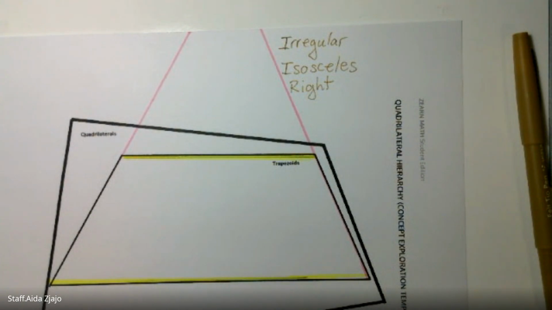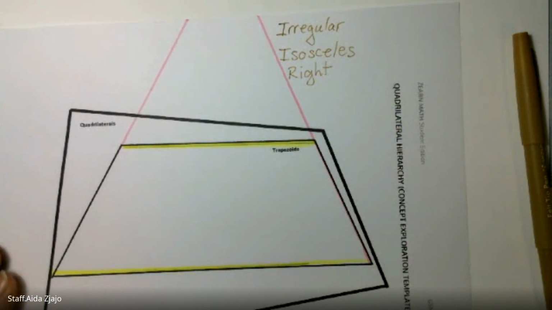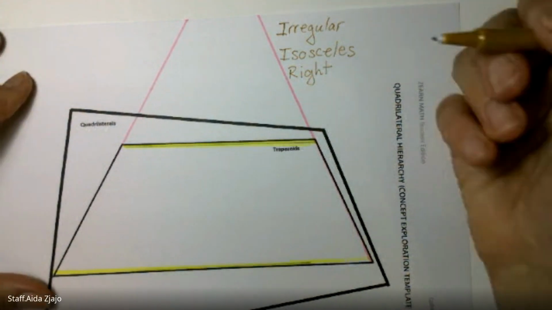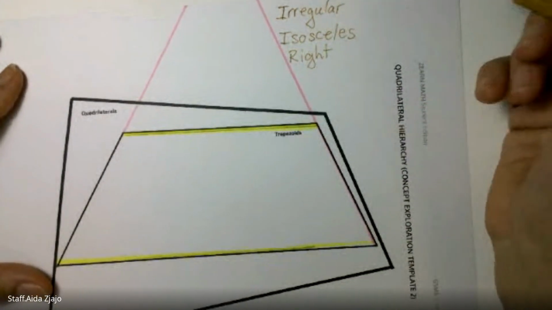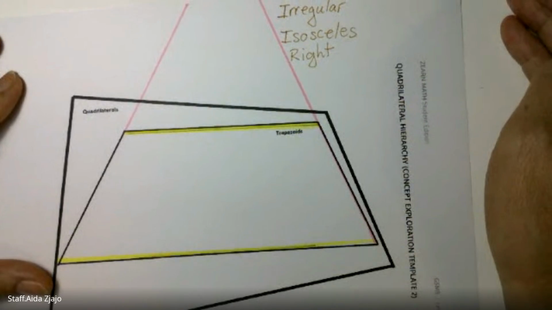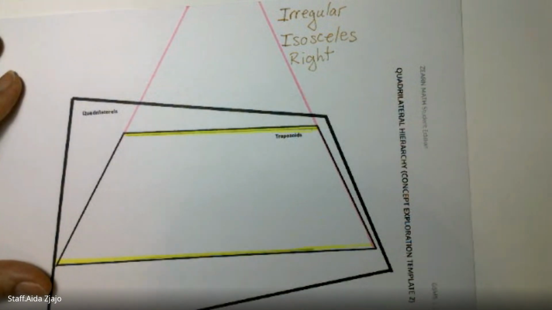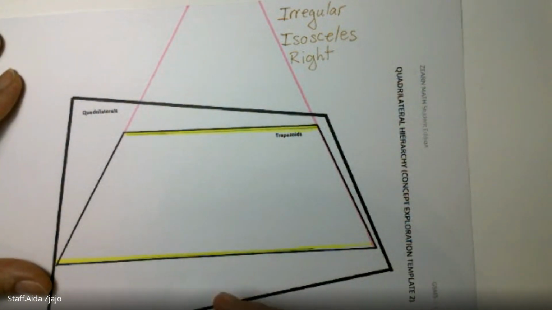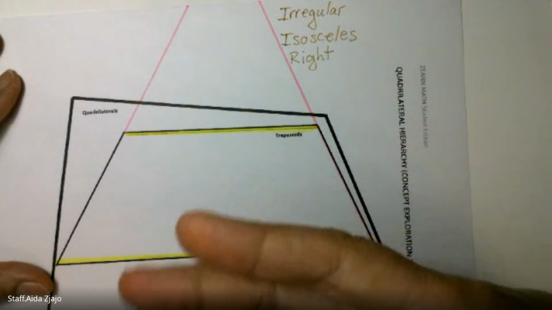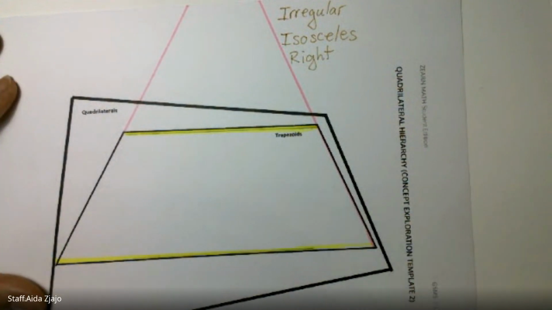trapezoids. But we also should talk about how to be a trapezoid, you have to have at least one pair of parallel sides. So when we talk about that, we also say, oh, but square has at least one pair of parallel sides. So in a subgroup, square is also trapezoid, as well as rectangle.